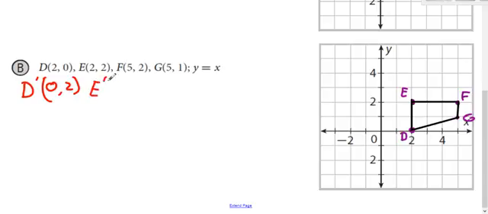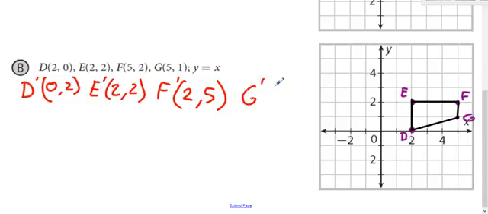E prime, instead of 2, 2, you switch them. So it's 2, 2. Didn't really change. F prime, you switch the x and the y. So that's 2, 5. And G prime, switch the x and the y, so that's 1, 5.